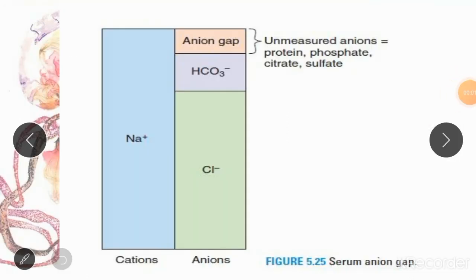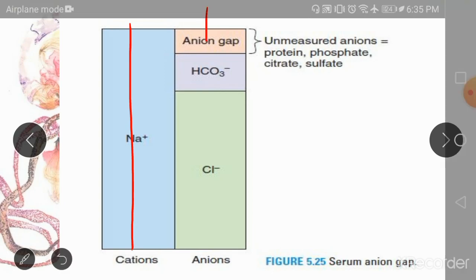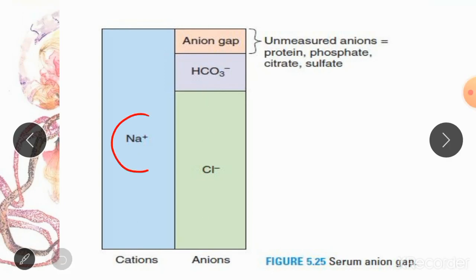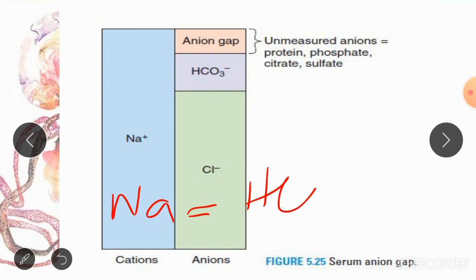As I mentioned before, in this figure you can see that the total number of positive ions must equal the total number of negative ions. But the positive ion which is calculated is only sodium, and the negative ions which are calculated are chloride and bicarb. So sodium must be equal to bicarb plus chloride.